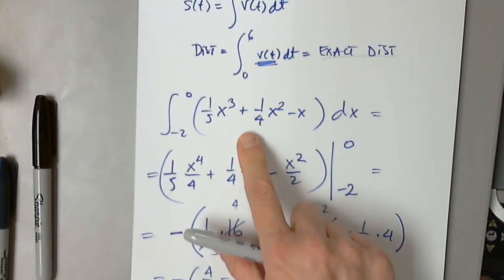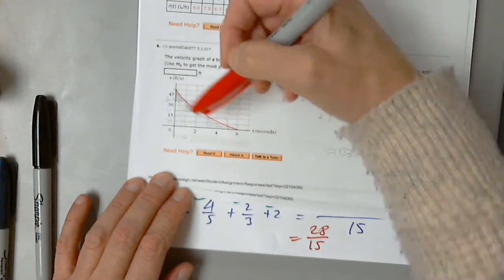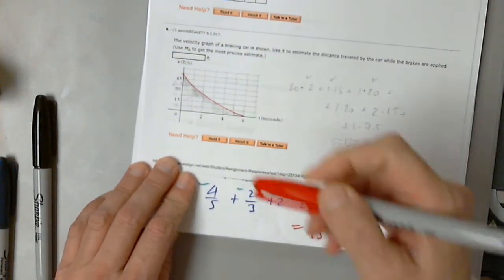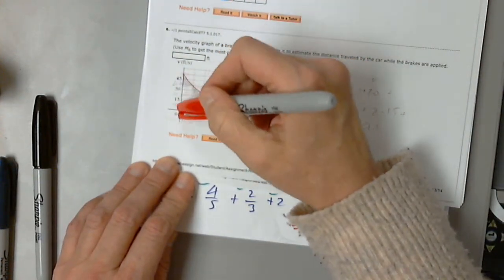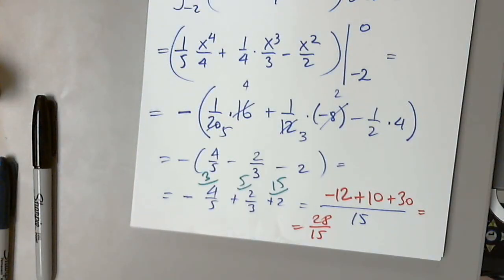It's not, of course. But in case this is the function, the velocity, when I integrate, I get 28 over 15. This will be the area under the graph, which in this case will signify the distance covered by the car while braking from blah, blah to 0. That's where we use this.